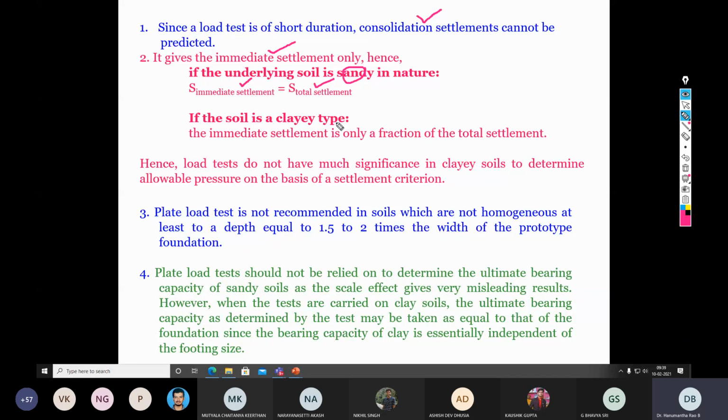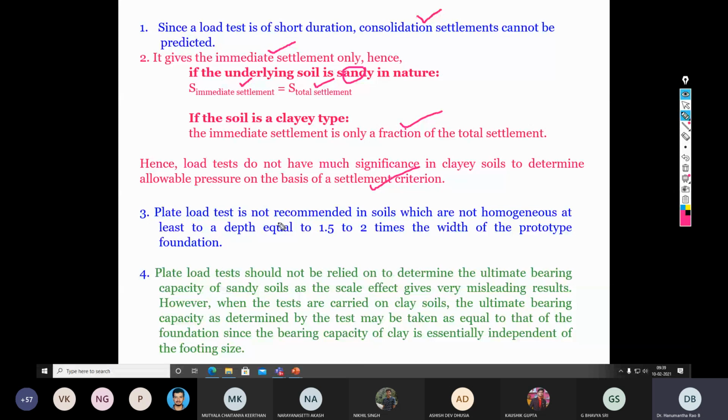So if the soil is clayey type, the immediate settlement is only a fraction of the total settlement. That means the plate load test settlement cannot be used for calculation of the settlement of the clayey type of foundation. It shall be taken as only the fraction. Hence, load tests do not have much significance in clayey soils to determine allowable pressure on the basis of the settlement criterion.